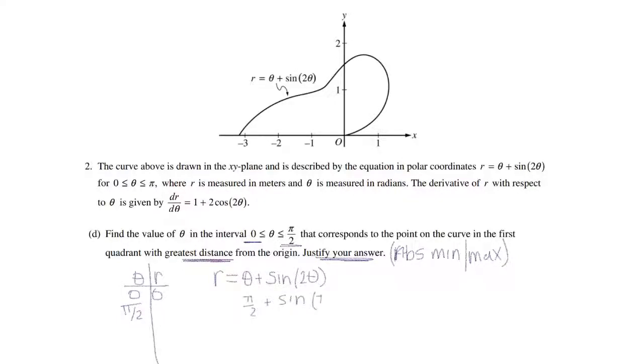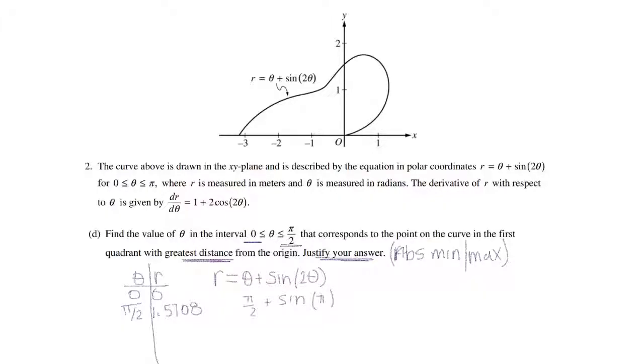Sine of pi is 0, and pi over 2 as a decimal is 1.5708. Now, in addition to always testing our endpoints, we also have to test our critical points.